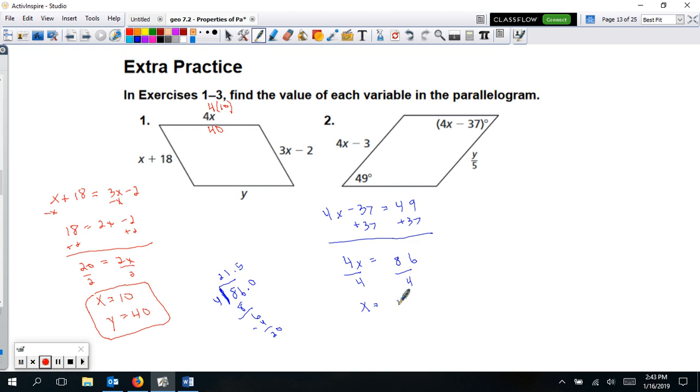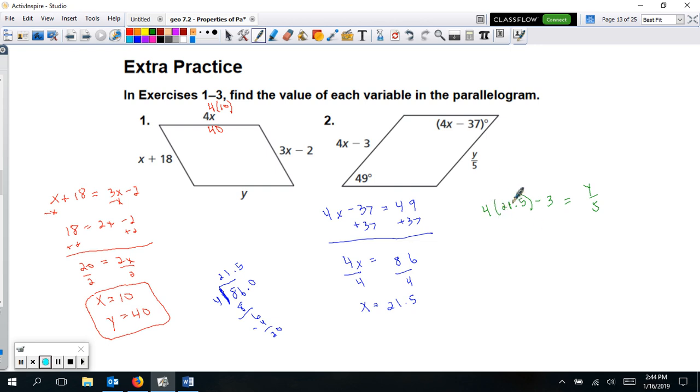And so 21.5 for x, and so if that's x, we can go ahead and plug that in over here on this one. So I'll do a different color again here. So 4 times 21.5 minus a 3, and that's going to equal y over 5, because the opposite sides are congruent here to get those equal to each other.